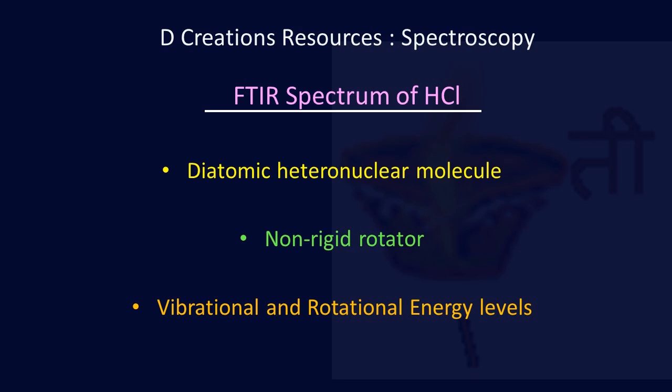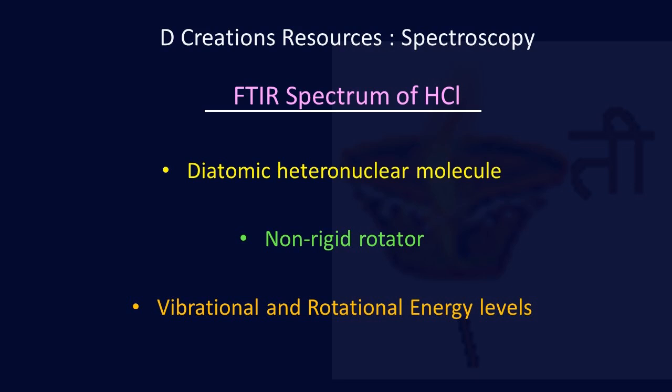Now these lines are because of the rotational substructure, and you need to also take into account quantum number J for the rotational energy. Now J also takes integer values starting from 0.